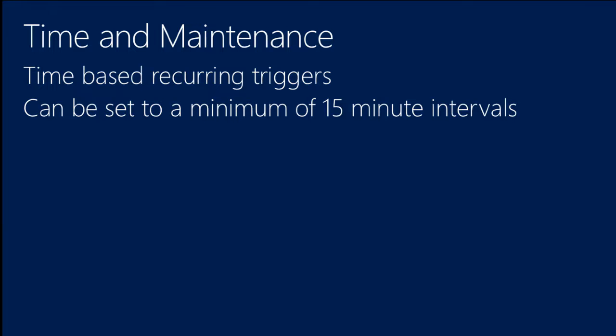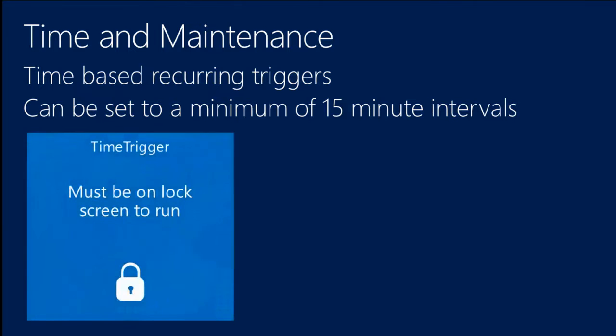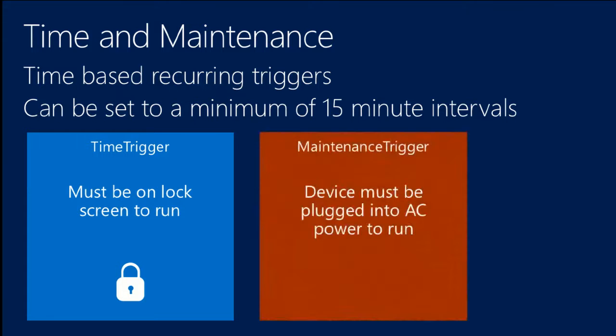The only real difference is that the time trigger is required to be on the lock screen to run. If your app is not on the lock screen, the time trigger will not trigger. The maintenance trigger is not required to be on the lock screen. However, your device must actually be plugged into PC power, again just to keep you from being able to drain battery power. So that's really the difference between the two. Other than that, they operate identically.